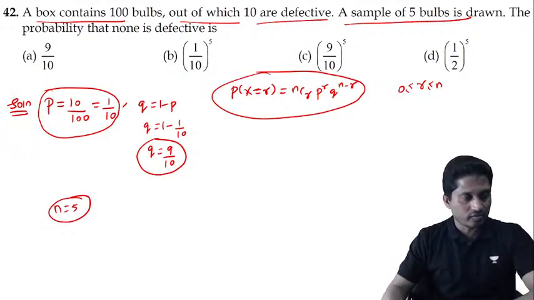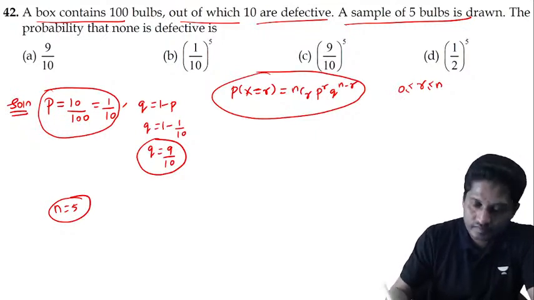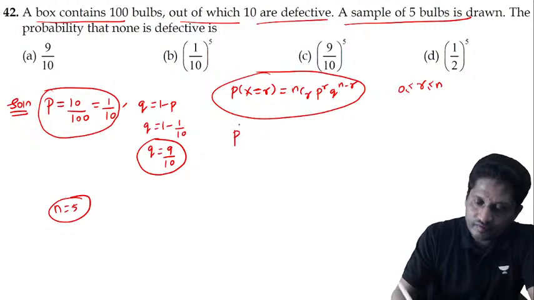So if I substitute here, P of x is equal to none is defective, probability of x is equal to 0.